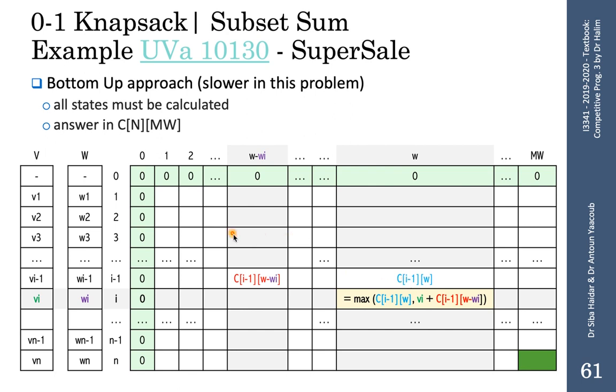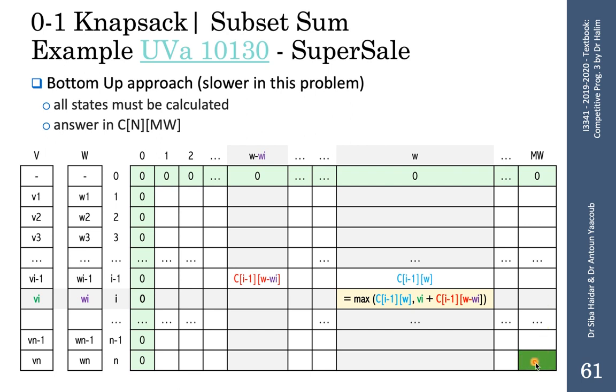So as you can see, every time I can still fit this item, I am increasing the weights. So the weights are filled from top to down, from left to right, and the final solution is given in the last item, when I choose the last item and for the maximum available weight.